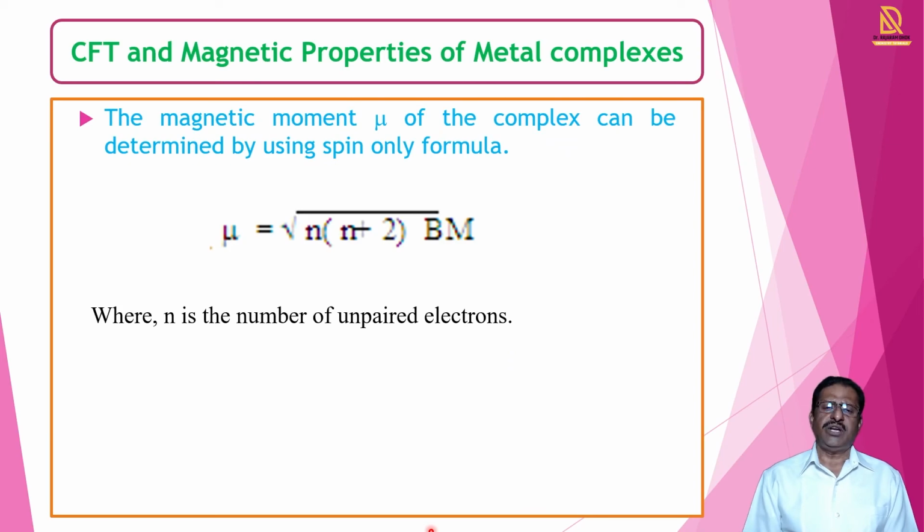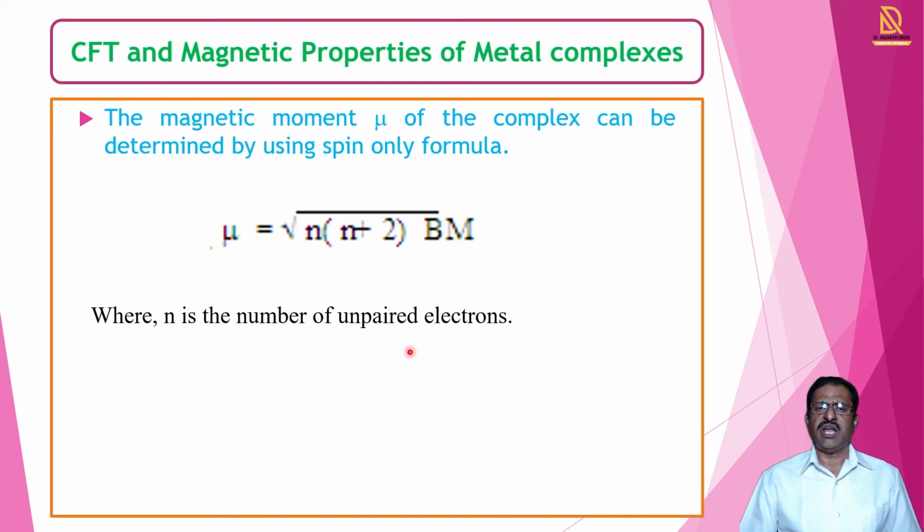We can calculate the magnetic properties, or magnetic moment mu, of the complex, and for that purpose the spin only formula is used. What is that spin only formula? The spin only formula is mu equals square root of n(n+2), and the magnetic moment is measured in the unit BM, the Bohr magneton.